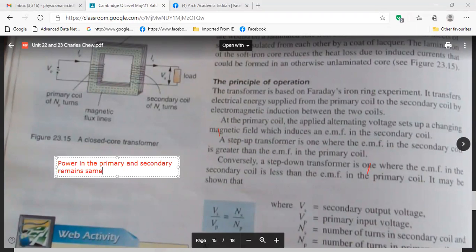So for this transformer, we need alternating current. Otherwise, we cannot get a changing magnetic field, and then we cannot get any induced EMF in the secondary. Is it clear? Yes, sir.